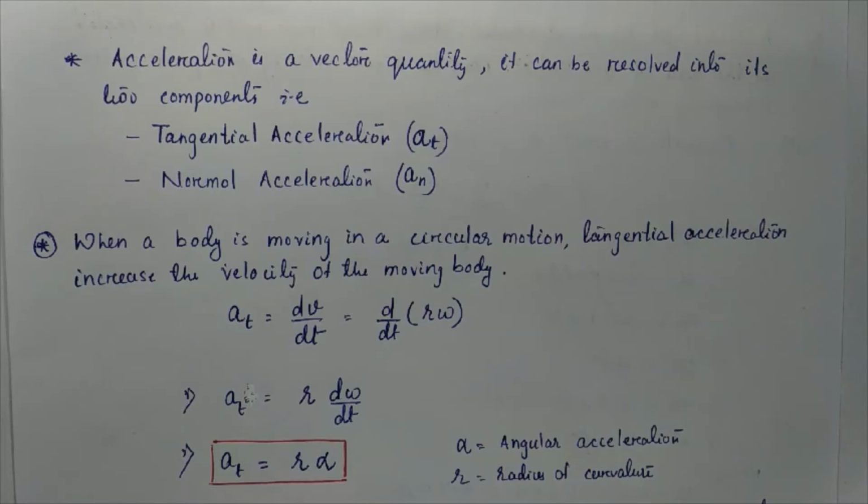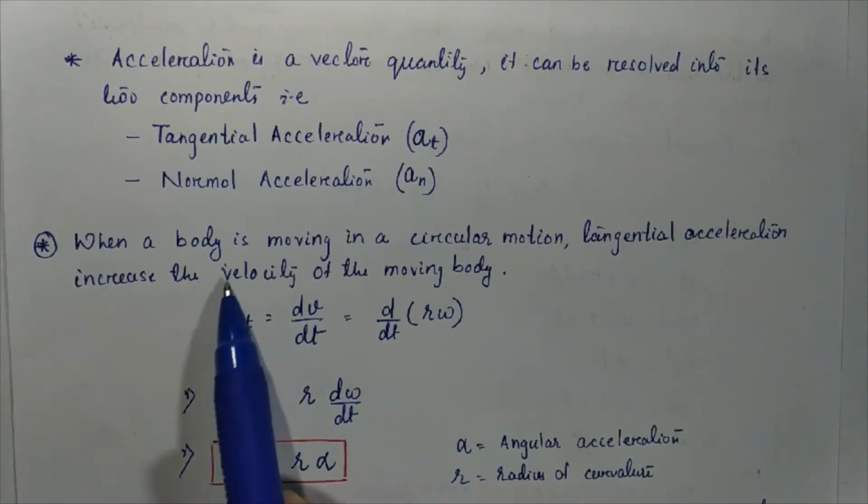The tangential acceleration is the linear acceleration, which acts along the periphery of the curved path, and normal acceleration is perpendicular to the curved path. So let us consider first tangential acceleration.